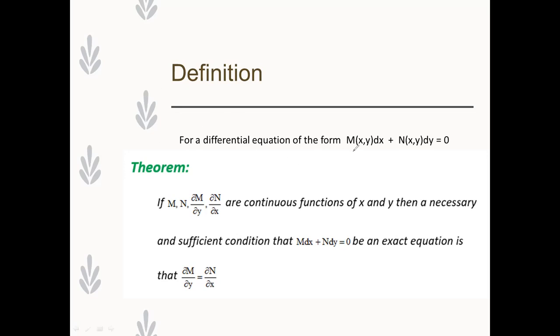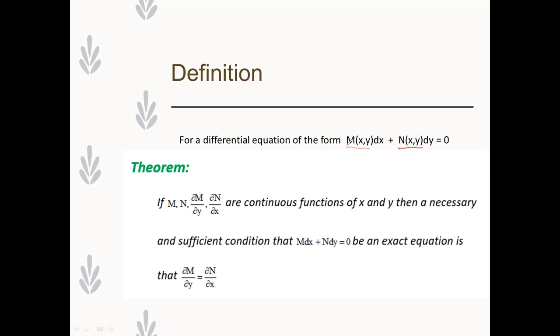Okay, so the M that you're going to get the partial derivative of is this, the coefficient of the differential of x. The partial derivative of N with respect to x will be this N here.